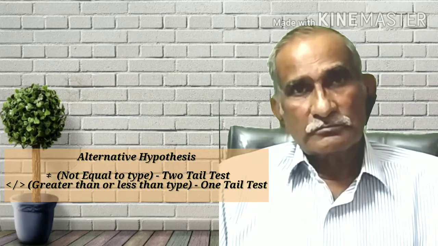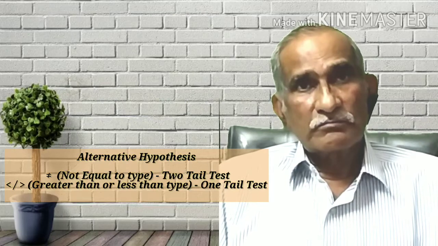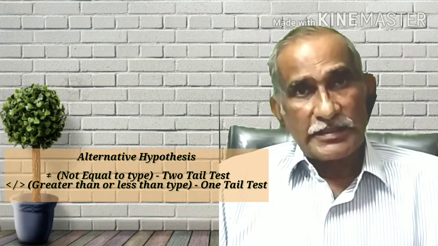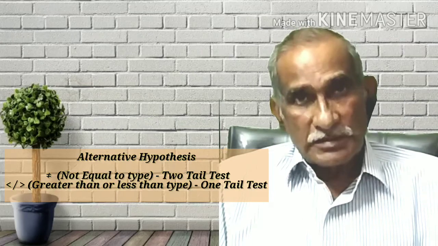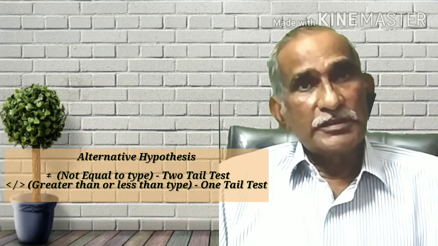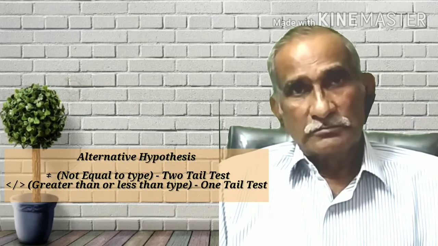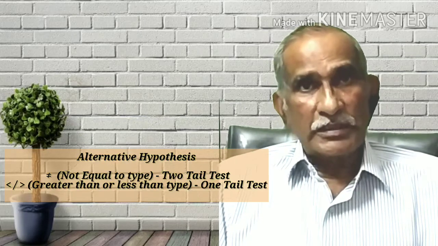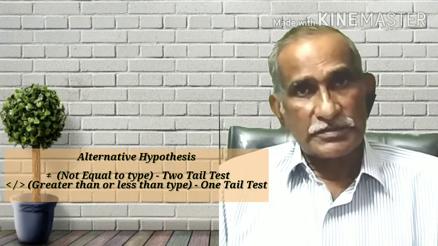But if in the alternative hypothesis there is either greater than or less than sign, then it is called one-tail test. So two-tail and one-tail test can be known from the alternative hypothesis.